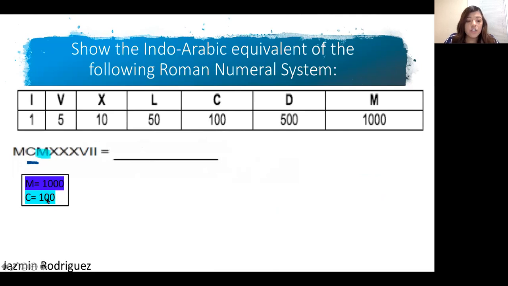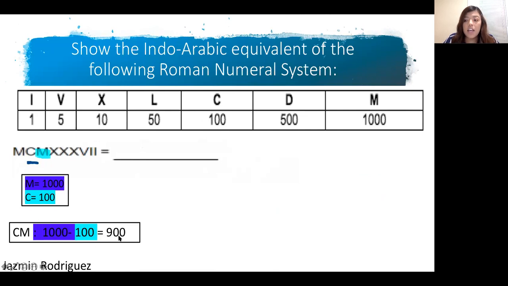So 1,000 minus 100 gives us 900. Therefore, CM represents 900.